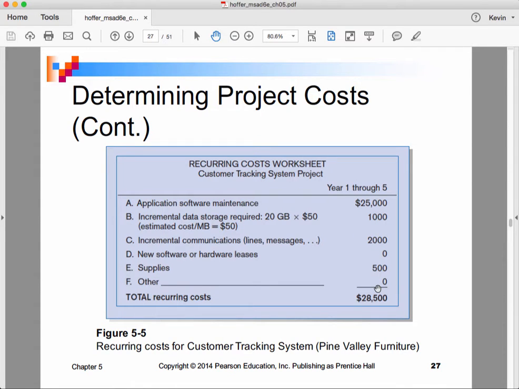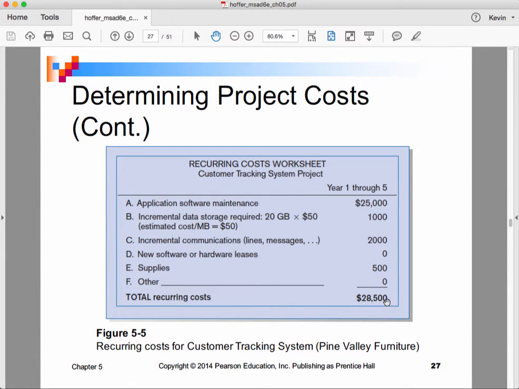And here's a spreadsheet on slide 27 with recurring costs. So application software maintenance, incremental data storage, incremental communications, new software hardware leases, supplies, etc. And we're going to get these in various, typically we would expect these to happen in each year of operation.